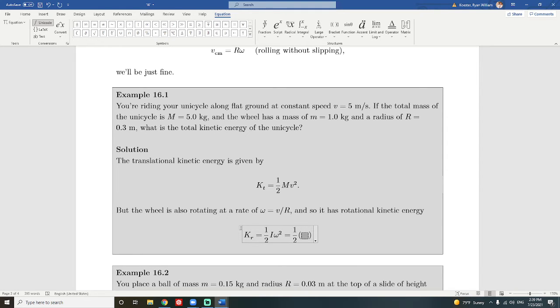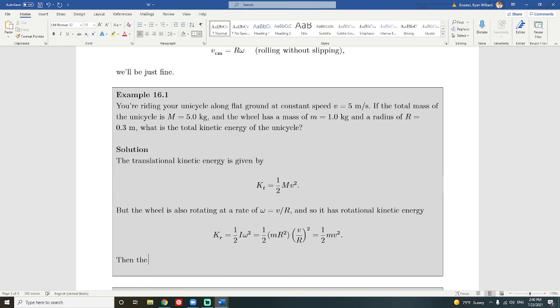So that's just going to be mR squared for the moment of inertia. And then omega, we said, was V over big R, and we have to remember to square this. And so we find that this works out to be 1/2 little m V squared upon doing the simplifications, right?